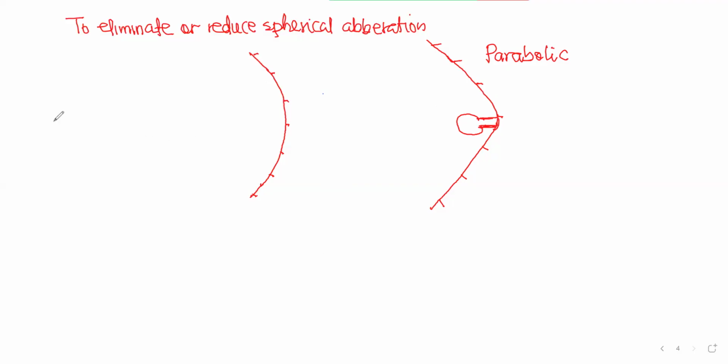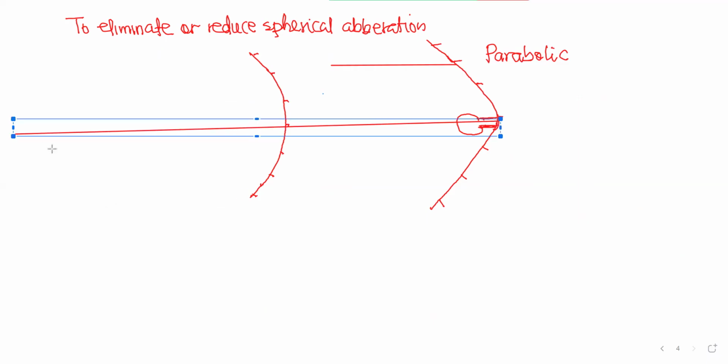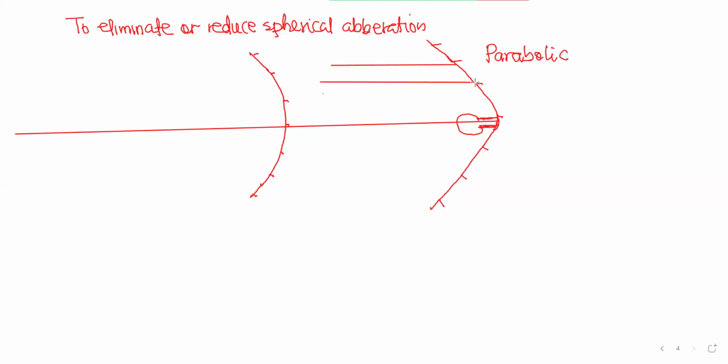The reason is that when you shape it in that parabolic manner, no matter the position of the incident ray, whether so far from the principal axis, let me draw a principal axis. So if you shape it in this manner, no matter where the ray is coming from, whether marginal or paraxial, it will still reflect it to that same point.